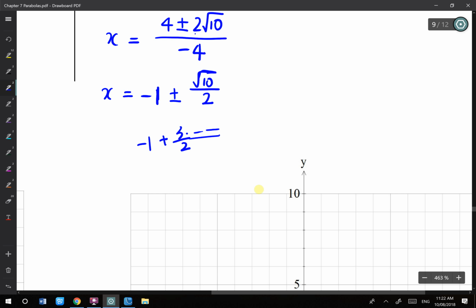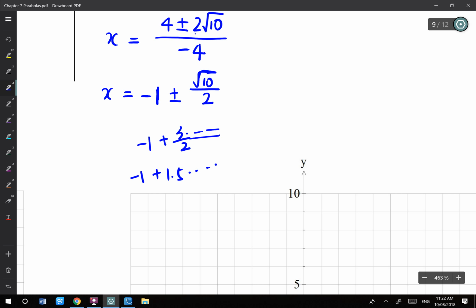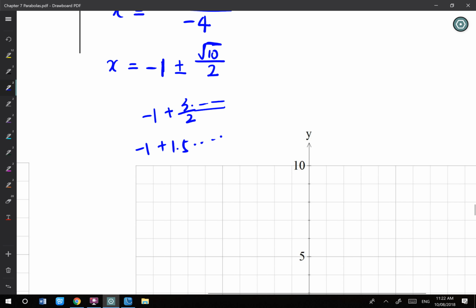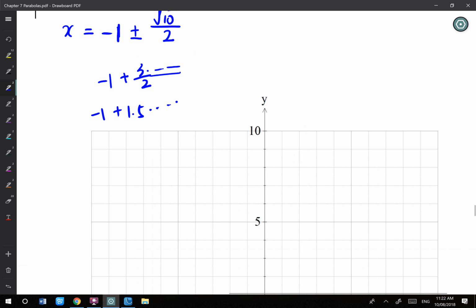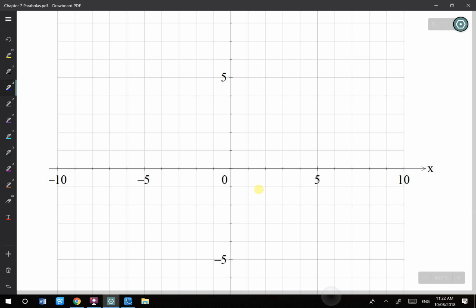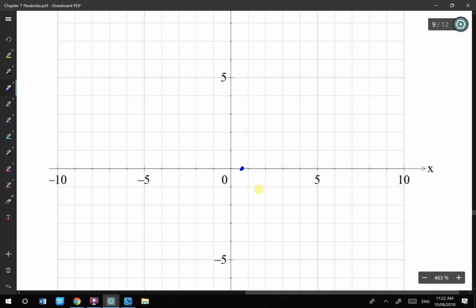So it's minus 1 plus 1.5 and a bit. So what's approximately the value? About 0.5, about half. So it's approximately here. That's minus 1 plus root 10 over 2, comma 0.